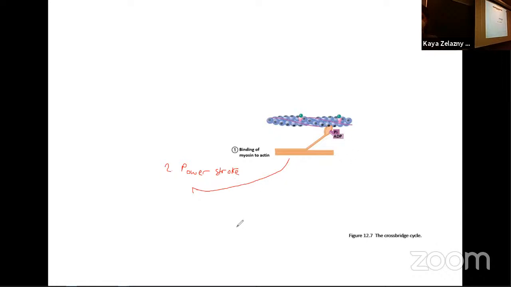The phosphate ion here. So we had our phosphate released. And the myosin head pulls on the actin as it changes shape.